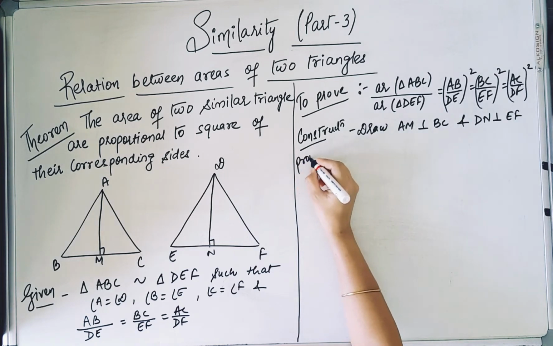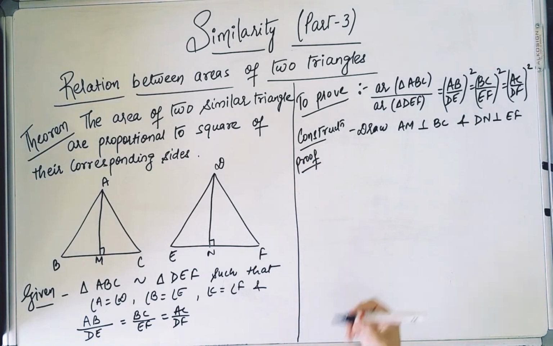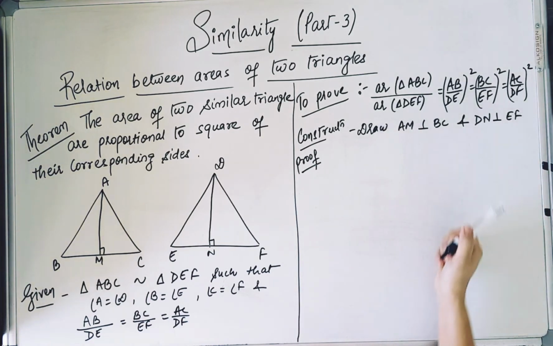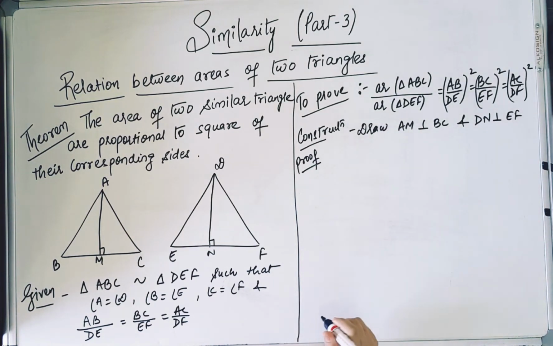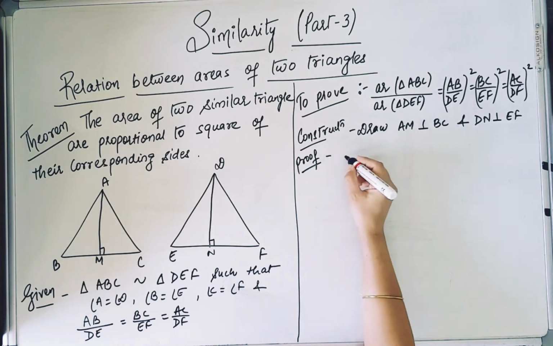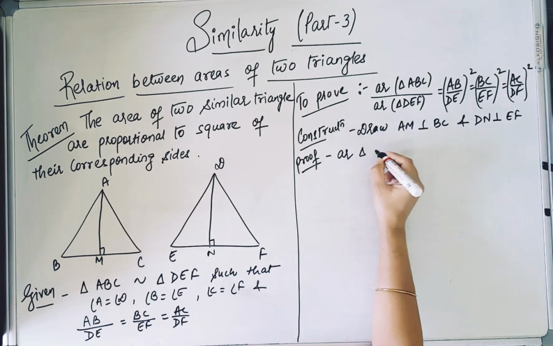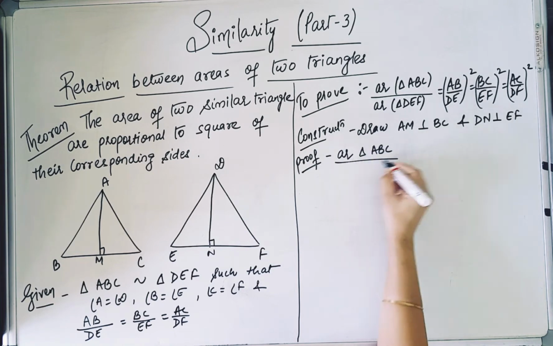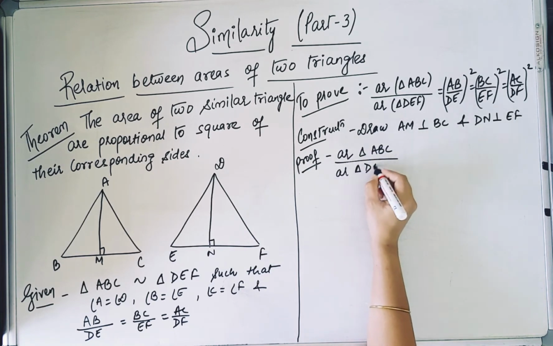Proof. In the proof part, we have to prove that area of triangle ABC upon area of triangle DEF equals this. We know area of triangle ABC upon area of triangle DEF.